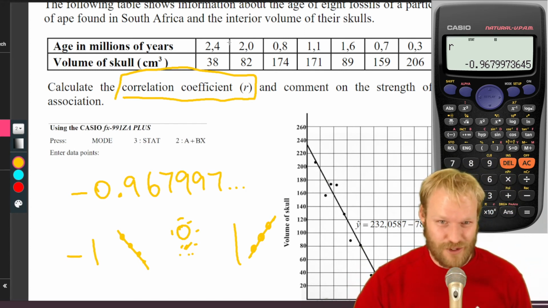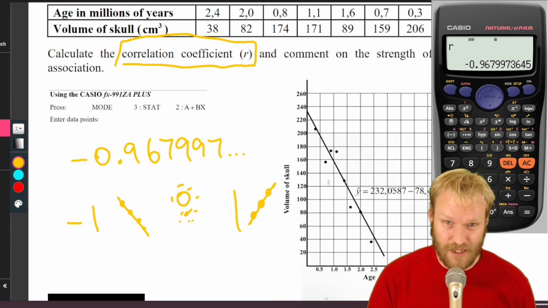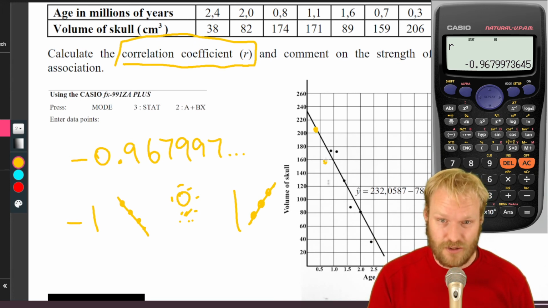All you have to do is punch in the data and see what your value of R is. But what you're thinking in the background the whole time, which is why we've got this visual, is how close is your straight line matching up with the data points, the dots you were given. So in this case, this straight line seems to match this data very well.